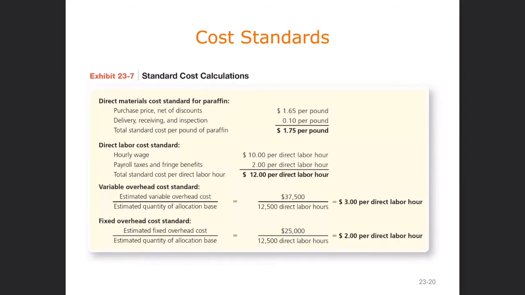For their direct labor cost standard, we're looking at wages, labor. So our hourly wage of $10 per direct labor hour, plus we have payroll taxes and fringe benefits of $2 per direct labor hour, equals our total standard cost per direct labor hour of $12 per direct labor hour.